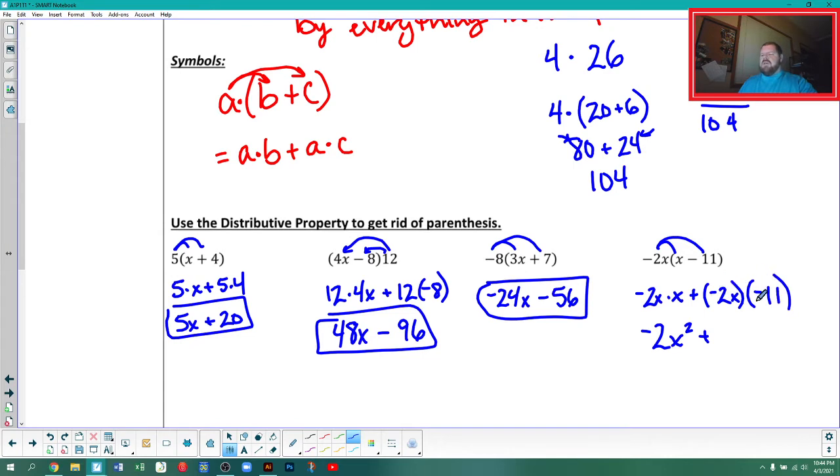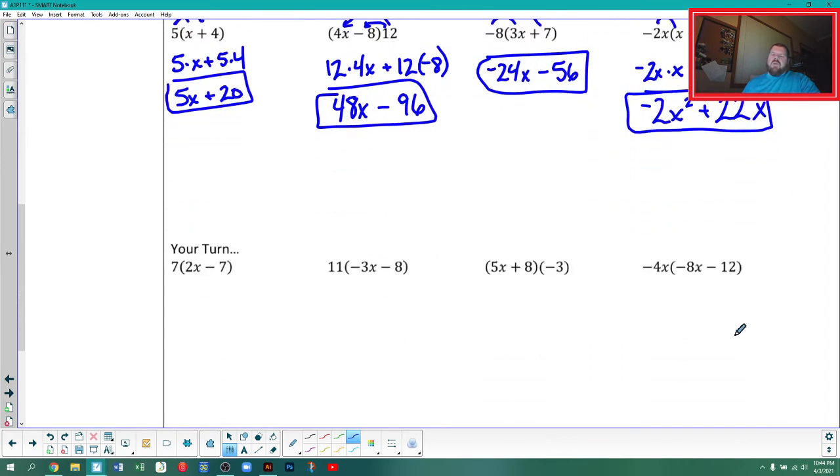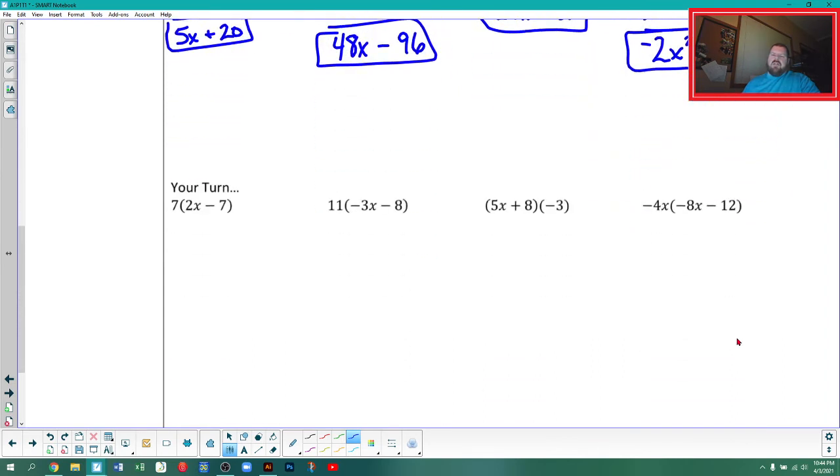It's a negative 2x times negative 11. So negative 2 times negative 11 is positive 22, and it still has an x on it. So this is a way that we can elevate the exponents on our expressions, is when we multiply x's by multiple things. Okay? Now go ahead and pause the video and give the next three a try.